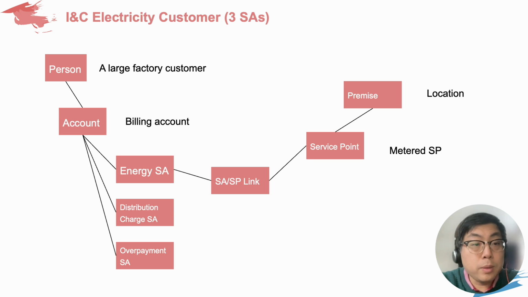In this way, the payment can be allocated to the billable charges on the energy SA and distribution charge SA, and if there's additional payment, for example, if this is paid via fixed monthly direct debits, when it comes to credits, they can be added onto the overpayments SA.